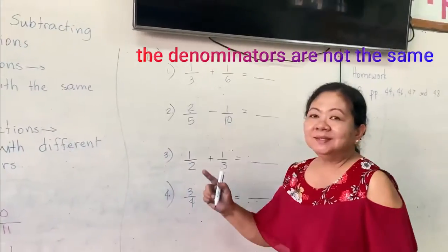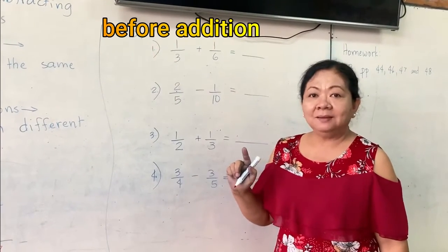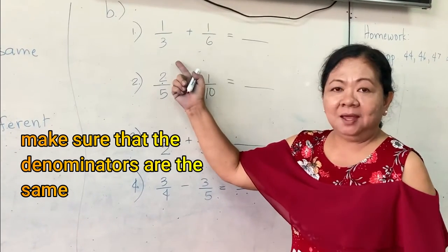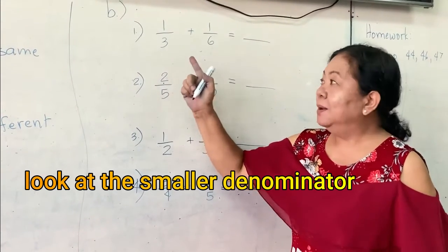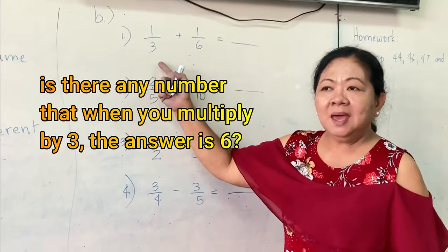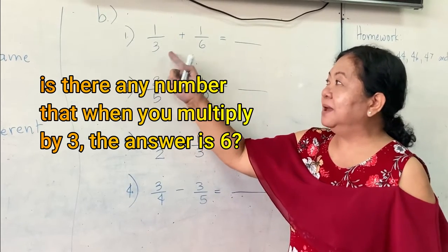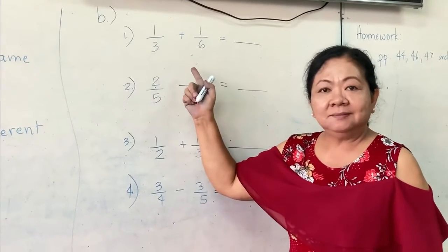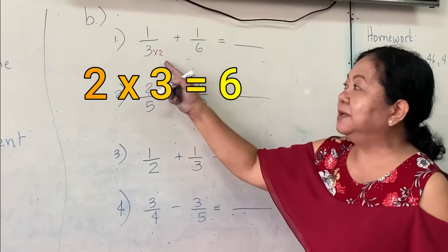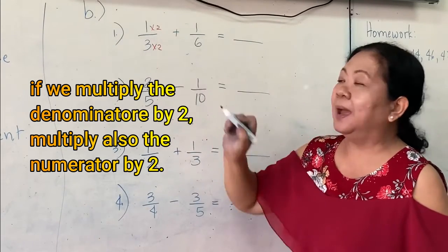Here, you will see that the denominators are not the same. But, before we add, we need to make these denominators the same. Now, look at the smaller denominator. Can we have a number that we could multiply by 3 and the answer is 6? Yes, this is 2. And if you multiply this by 2 to make it 6, you will also multiply the numerator by 2.